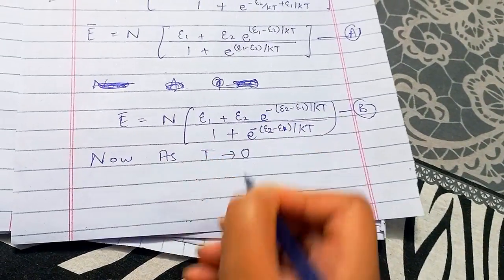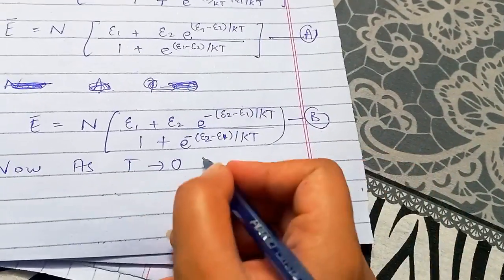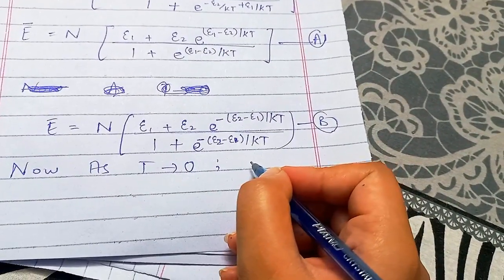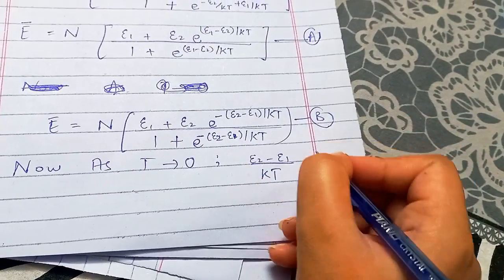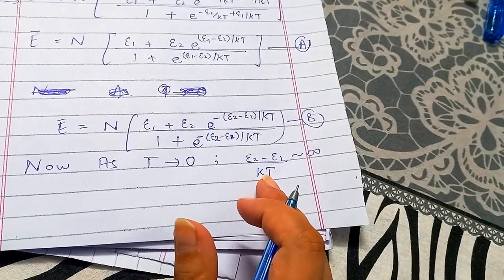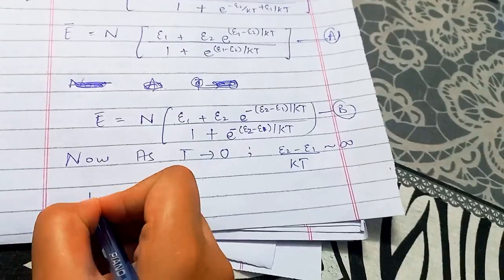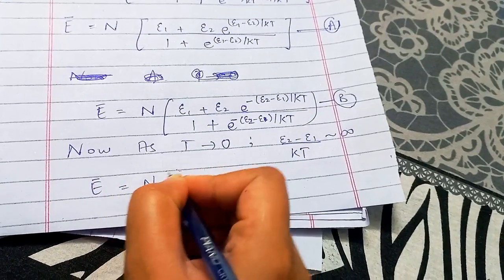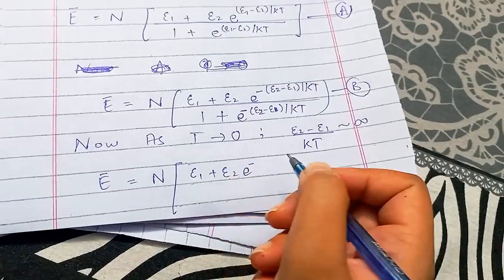Now, as T approaches 0, let's put T approaches 0, then what happens is E2 minus E1 by kT, it's T in the denominator, so it becomes infinity because it's 0 in the denominator and 1 over 0 is infinity. So we can put infinity into this expression, E1 plus E2, e to the power negative is always there.